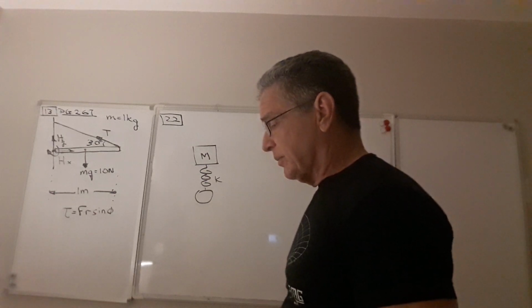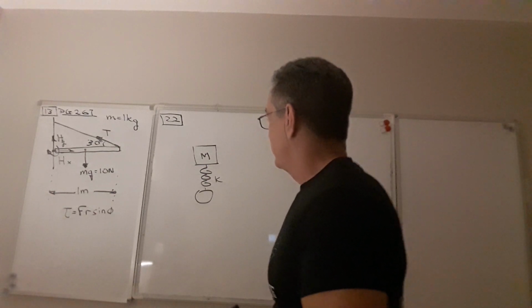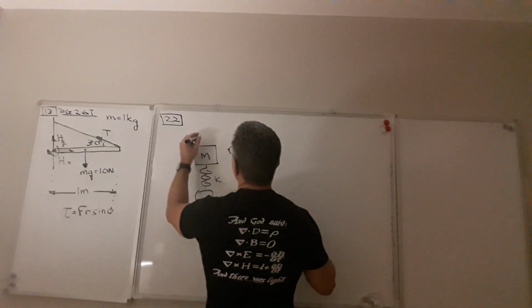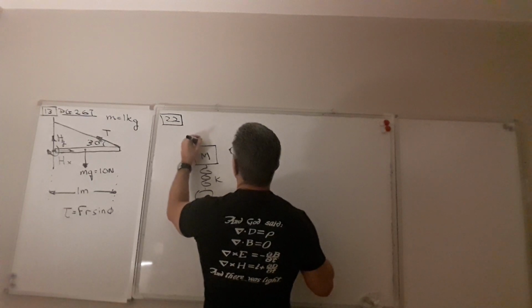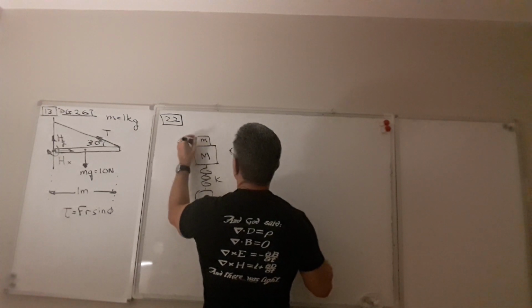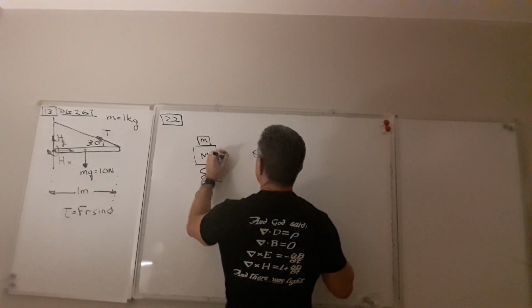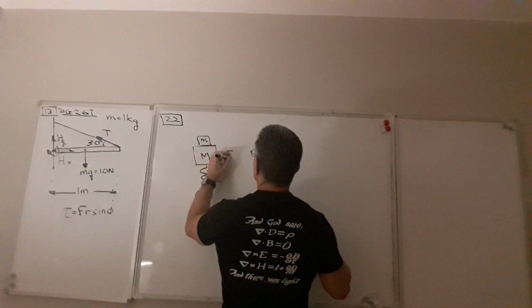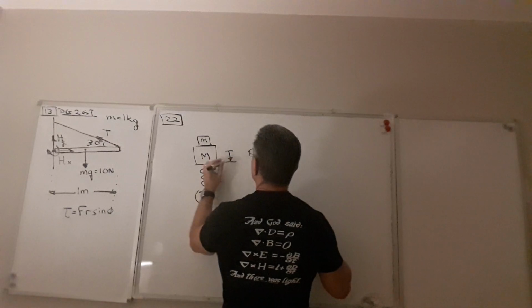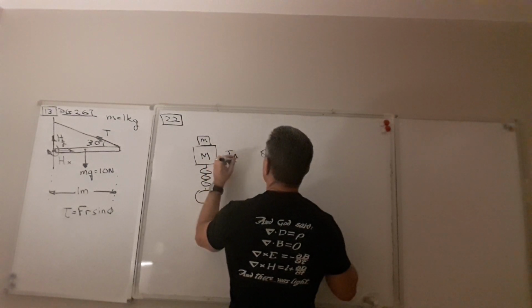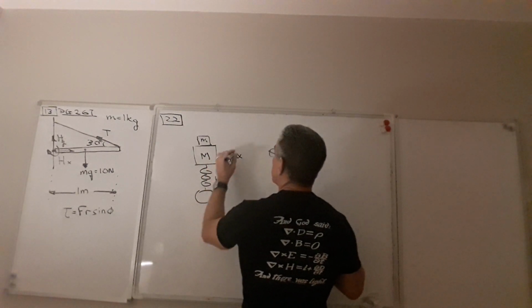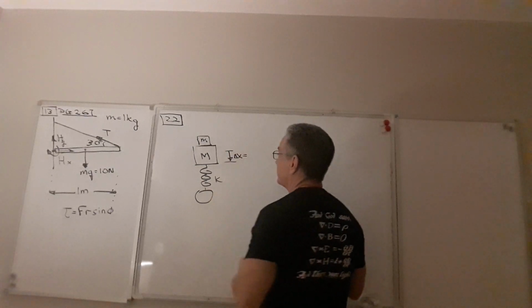So if somebody sits on the car, they're applying an additional mass, M on top, and that's causing the spring to compress by a certain amount, delta X.